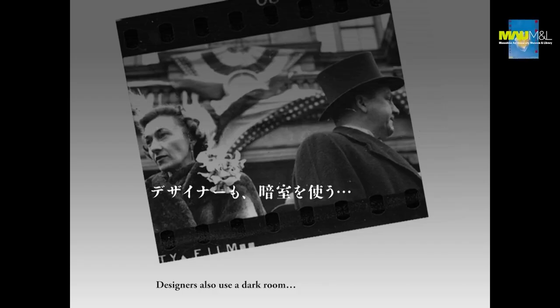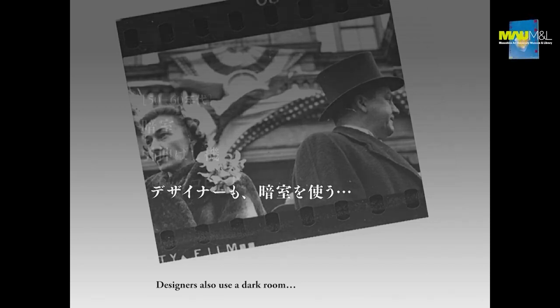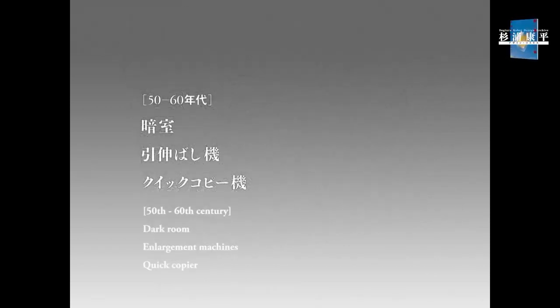Actually, not just photographers, but graphic designers, as we are called, also had similar operations that used the darkroom. In the decades of the 1950s and 60s, the three sacred treasures of a designer were one having a dark room, and then having an enlargement machine, and lastly having an earlier copy system called quick copy.